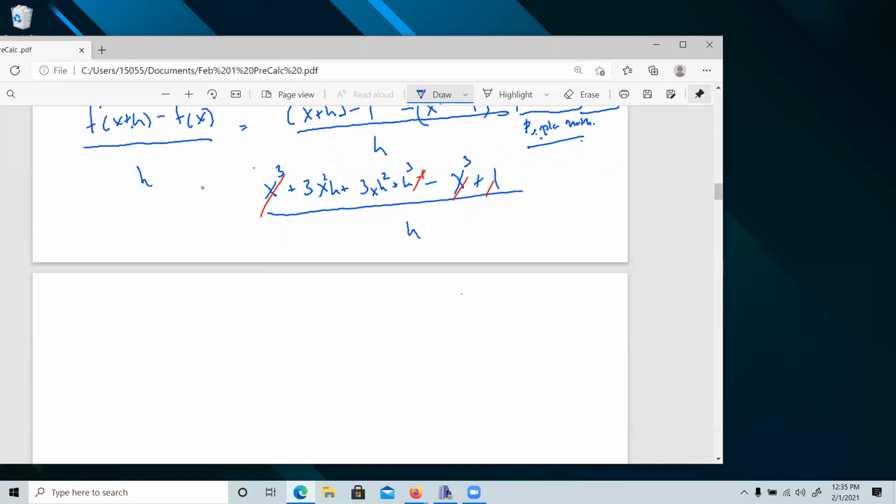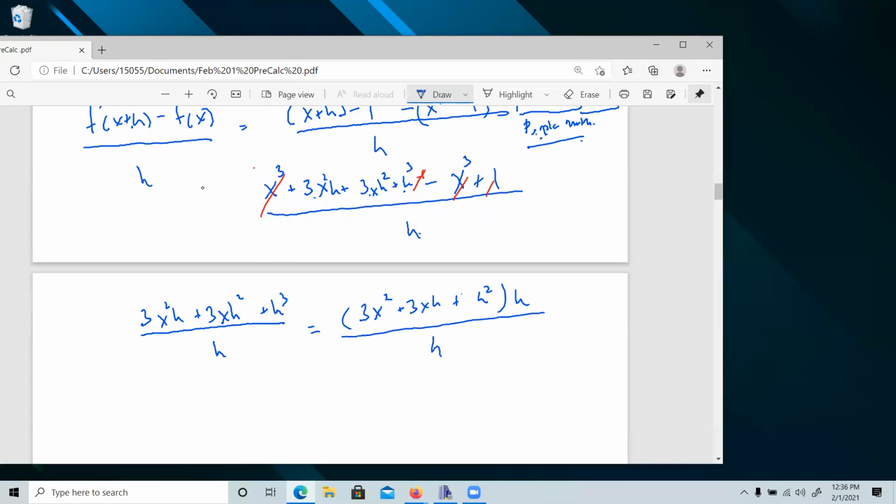All right, what do we have here? We have 3x squared h plus 3xh squared plus h cubed, all over h. We just have these pieces left, and this is equal to 3x squared plus 3xh plus h squared, all times h over h.